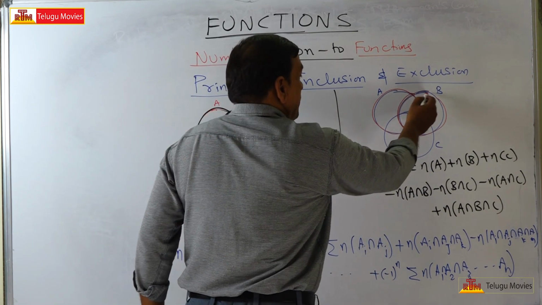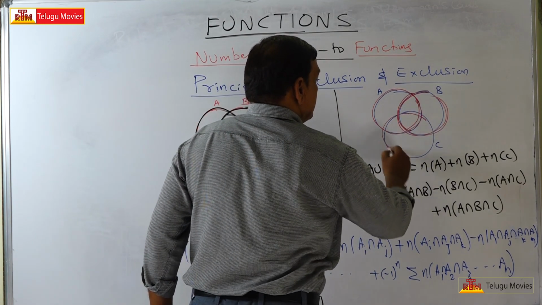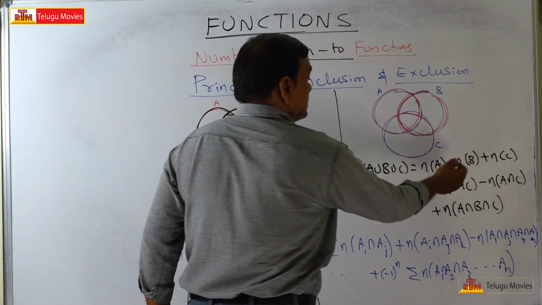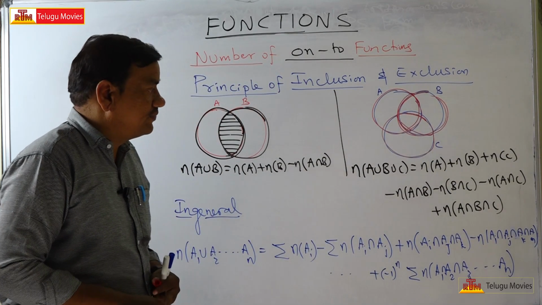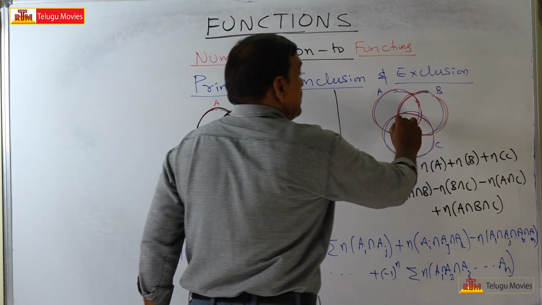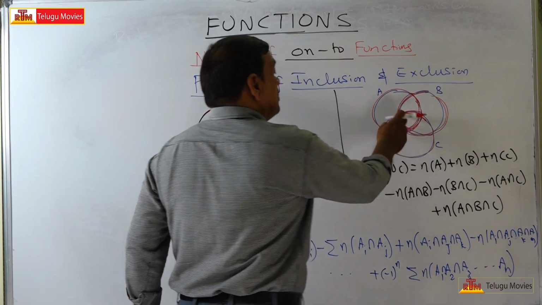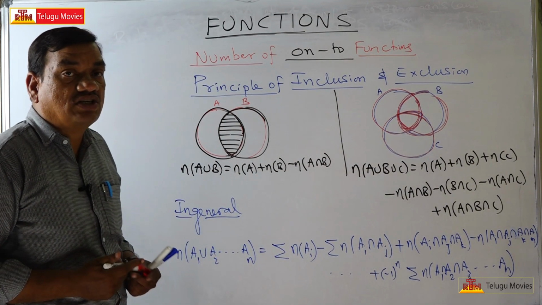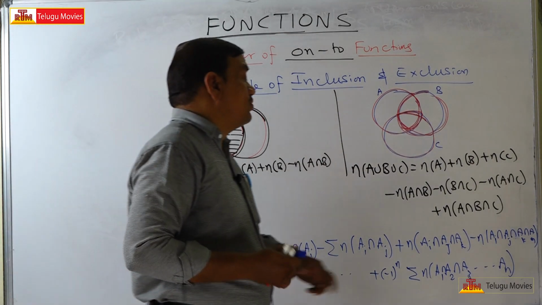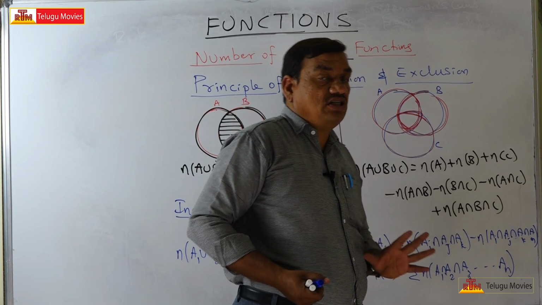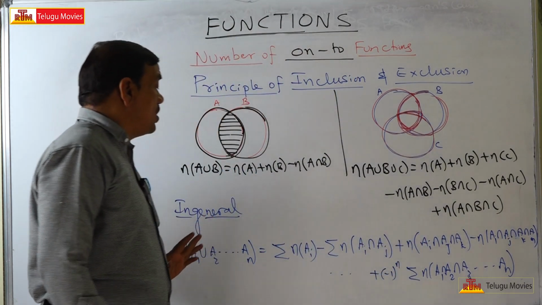Like that, B and C, you are counting B intersection C double time, that's why you are subtracting. While subtracting, the first time you subtracted, second time, third time, but you are then not counting A intersection B intersection C. That's why you have to add A intersection B intersection C.